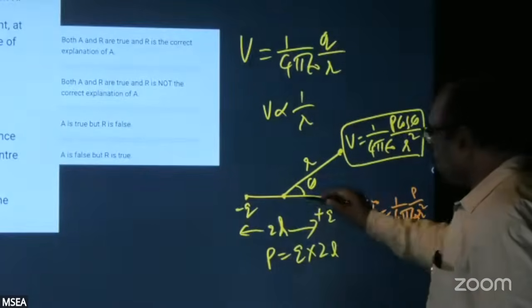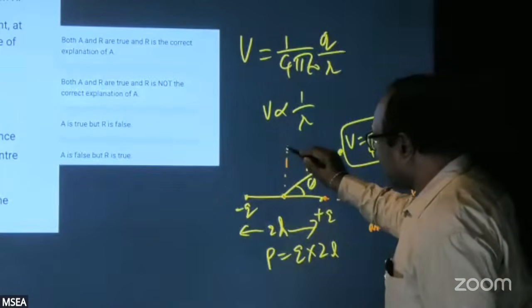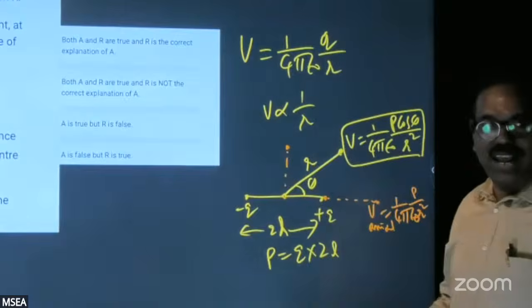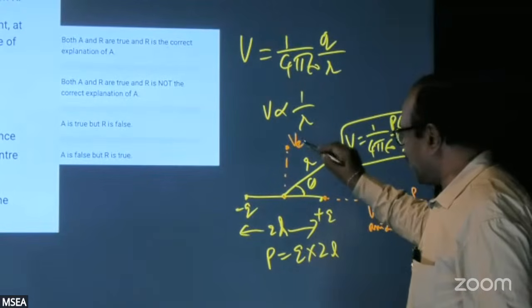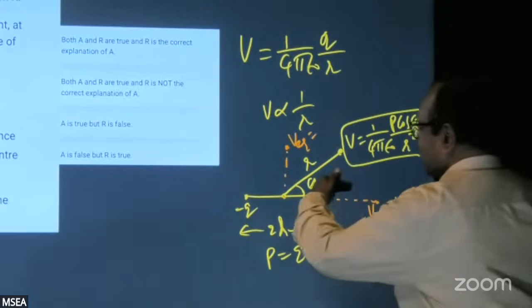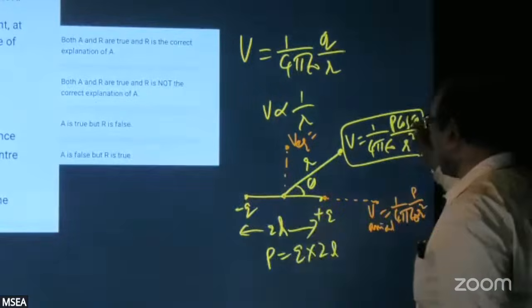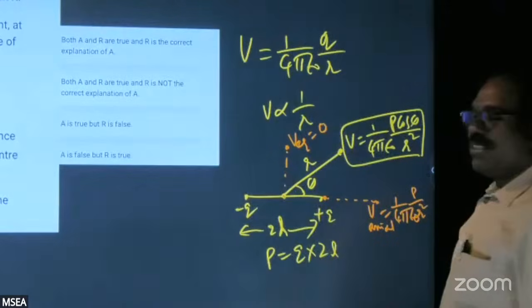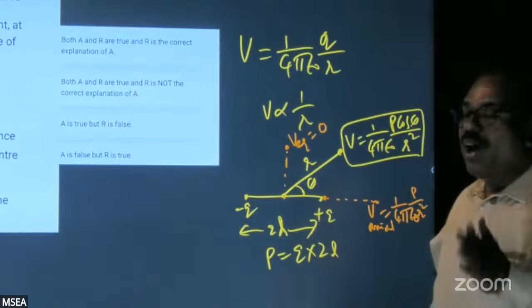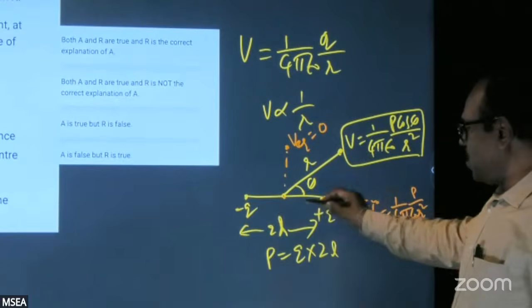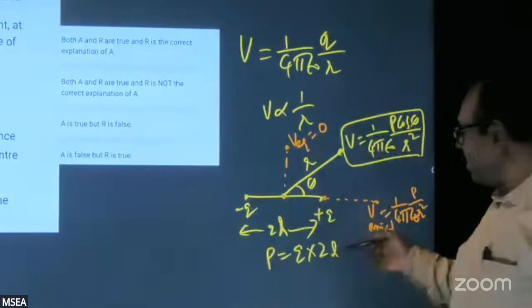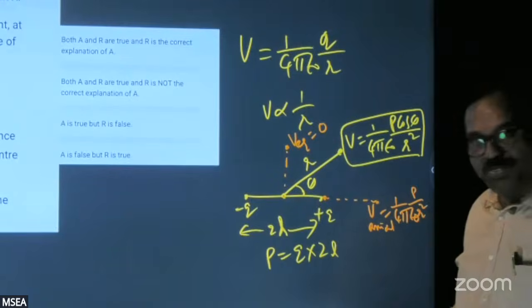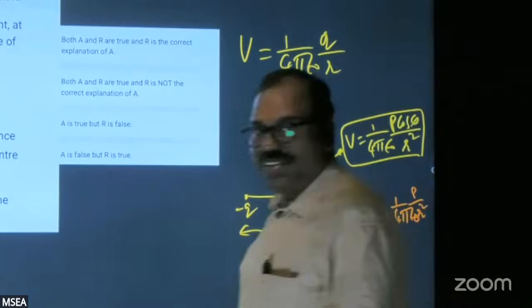Then what is the electric potential on the equatorial line? On the equatorial line theta is 90, and cos 90 becomes 0. Therefore, the electric potential on the equatorial line is 0, but on the axial line it is 1 by 4 pi epsilon naught P by R square.